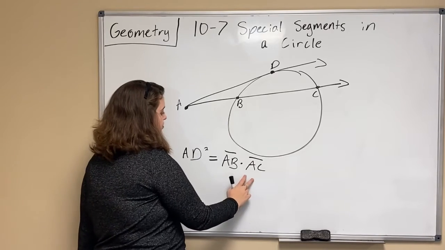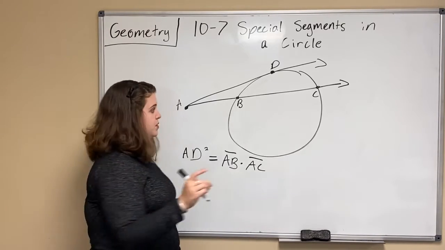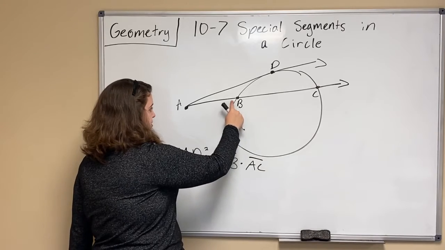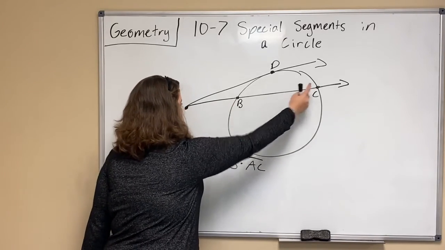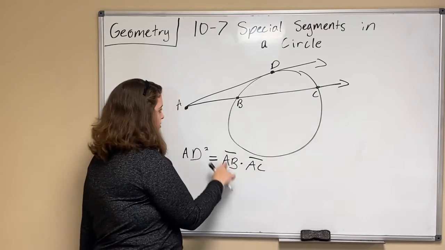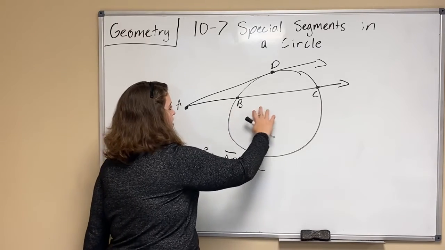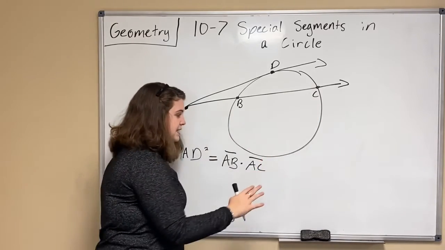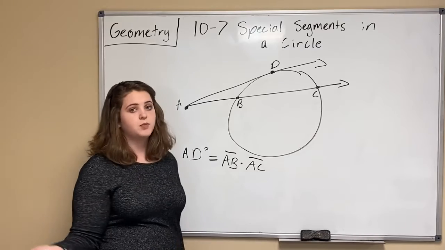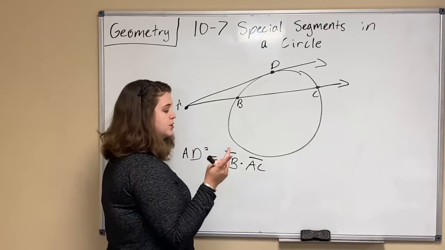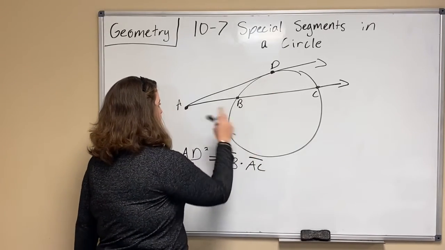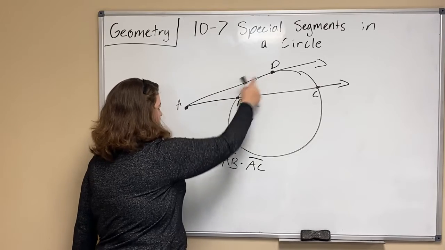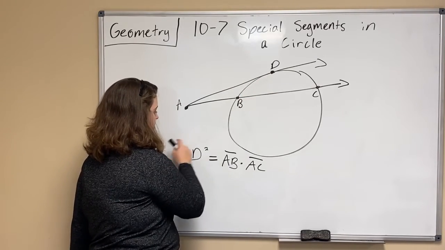We're still going to use what we used when we had two secants. Remember, we used our external segment and the whole secant. We're still doing that. We're still doing external segment times the whole secant. But this time, instead of putting it equal to two things multiplied by each other, we're just doing AD times AD, which is AD squared.